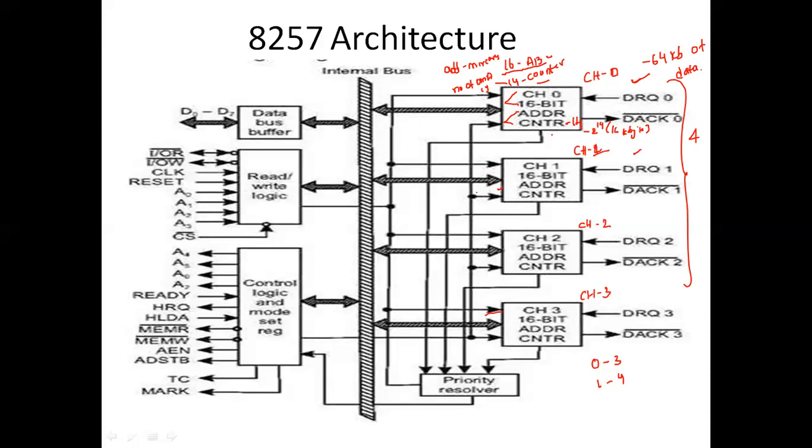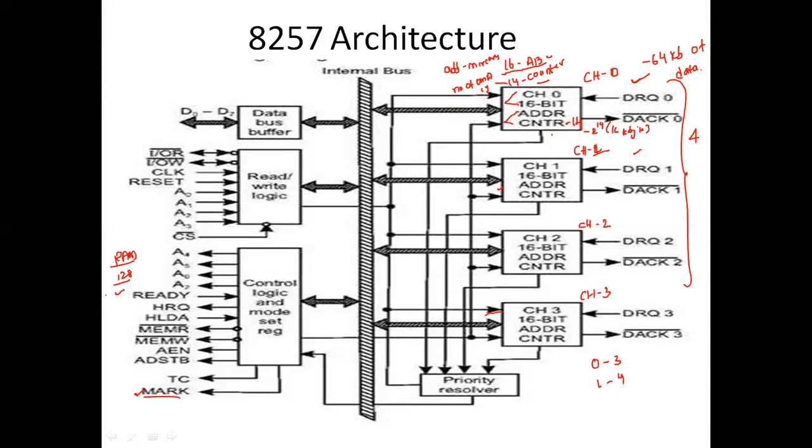Here it also provides another signal, the mark signal. What is the purpose of this mark signal? When we have 128 cycles, after 128 cycles have been completed, it is going to mark the output.